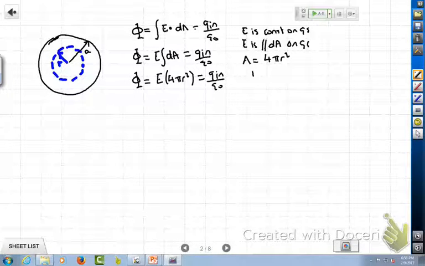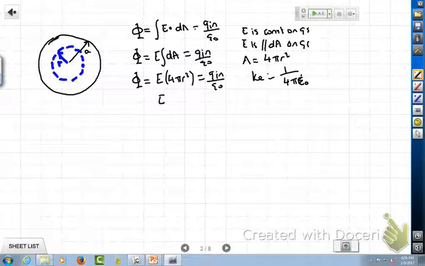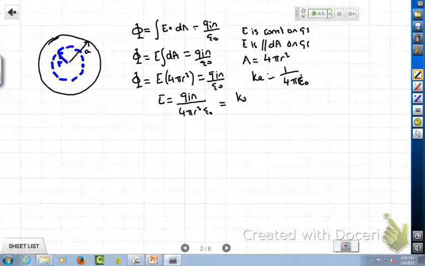And I know that k_e is equal to 1 over 4 pi epsilon naught. So when I say E is equal to Q inside over 4 pi r squared epsilon naught, I can substitute and say that's k_e Q inside over r squared.